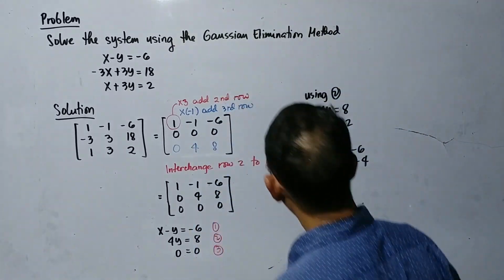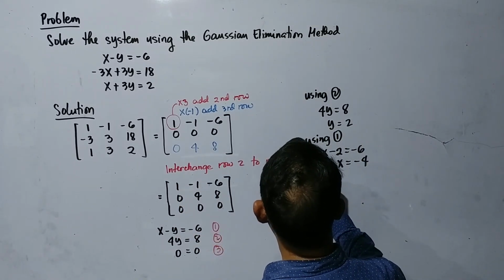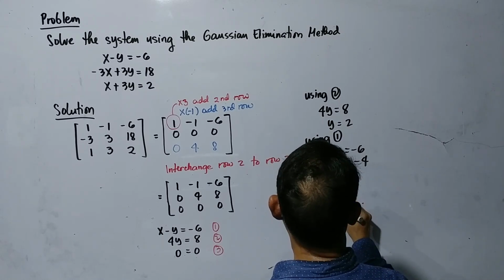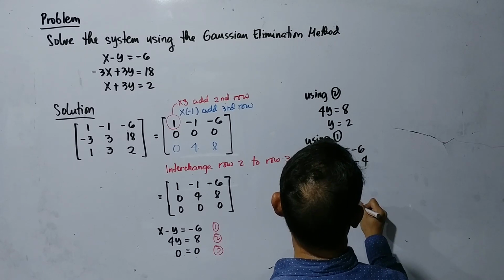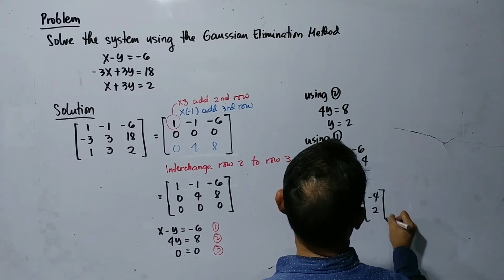So finally, we have (x, y) equals (negative 4, 2).